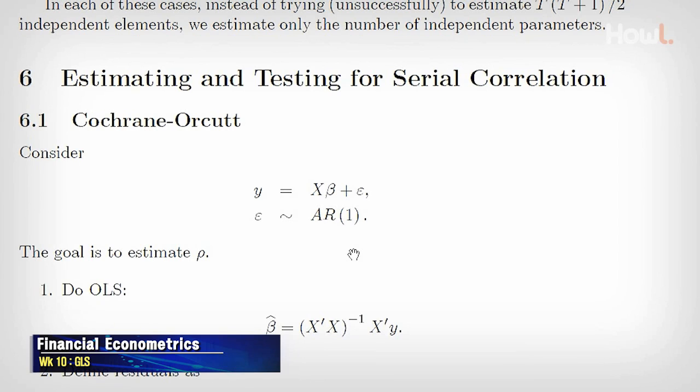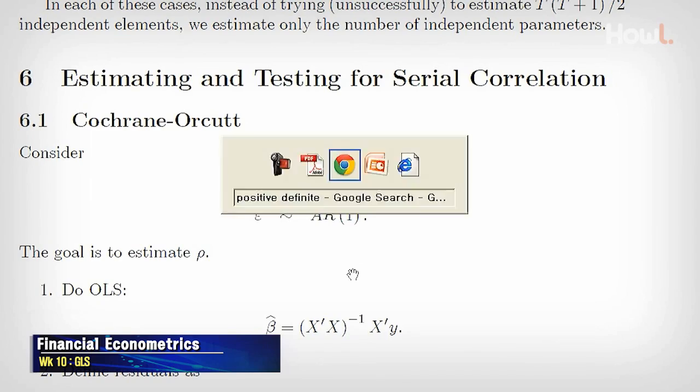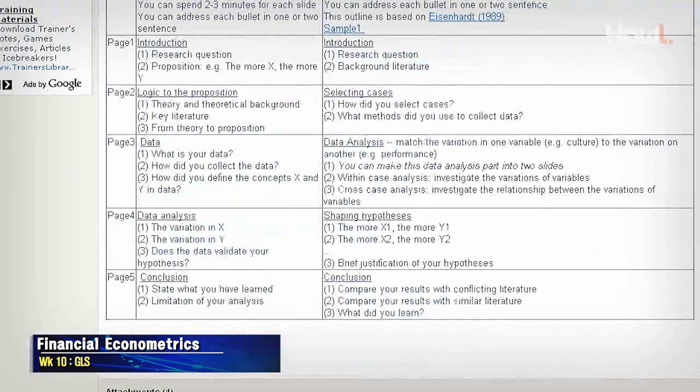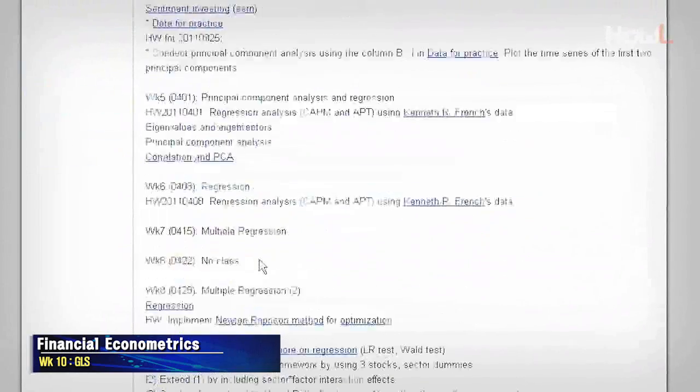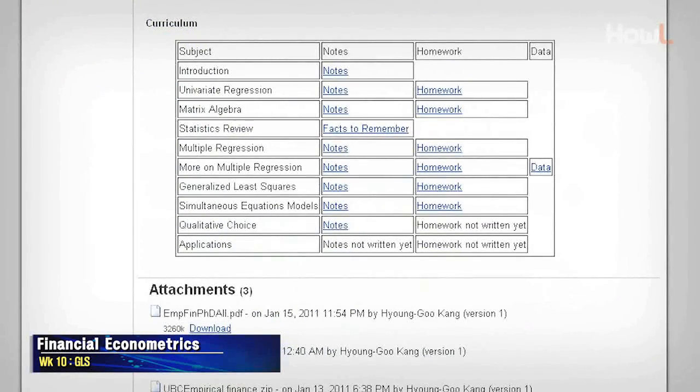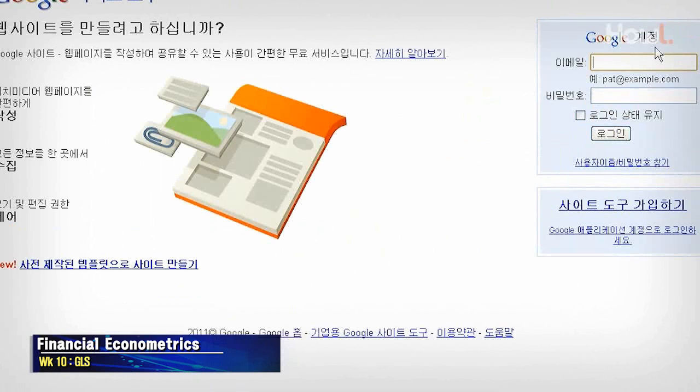Okay, this is doable, right? So why don't we do the homework? This is next week's homework. Please use the data you already multiplied.